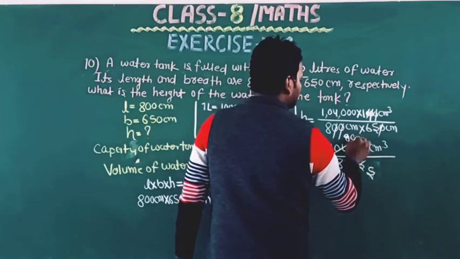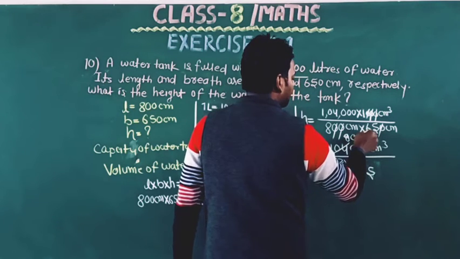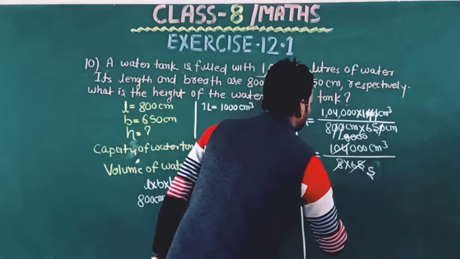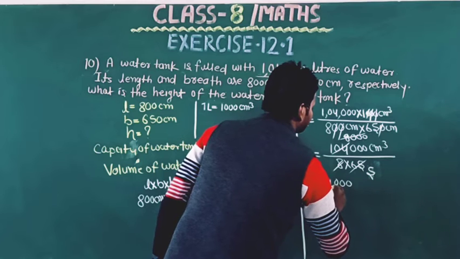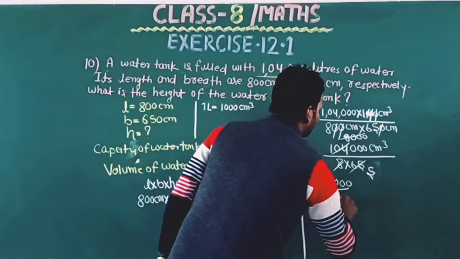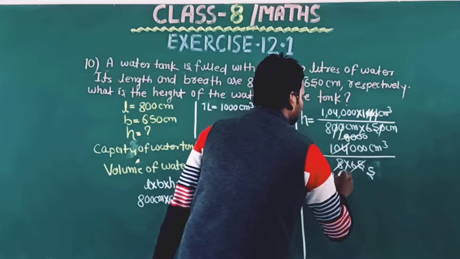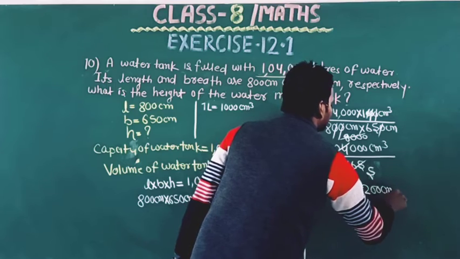Again we can cancel out 8,000, so remaining are 100 by 5 and 1,000 again divided by 2. So 200 centimeter.